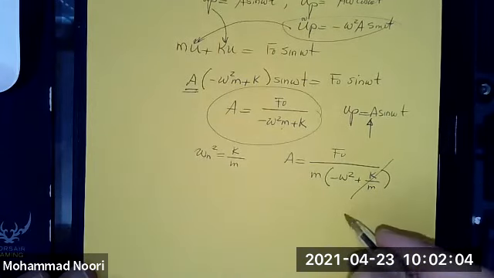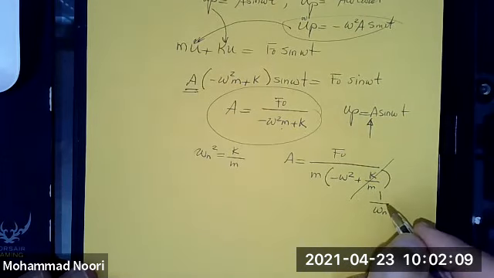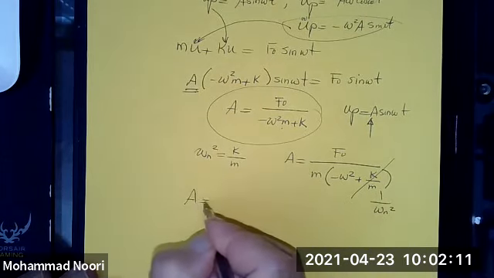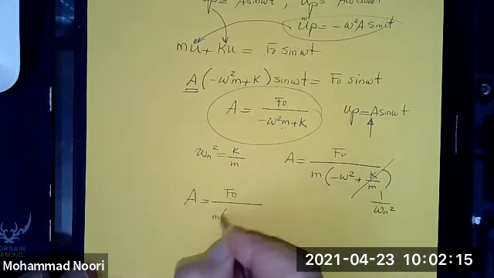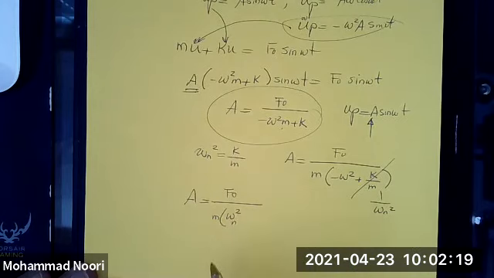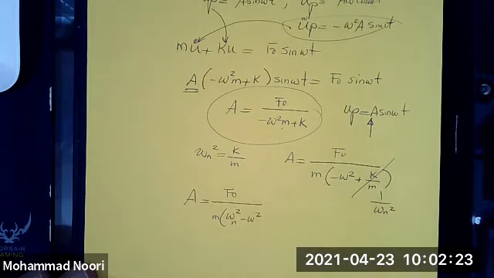But what is k over m? It is omega n squared. So A then becomes F naught divided by m times omega n squared minus omega squared, okay?